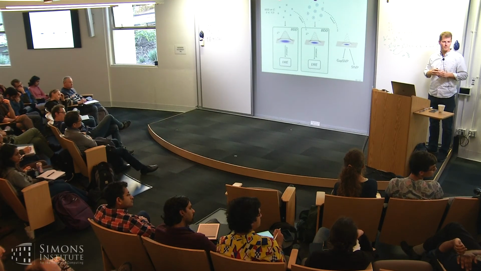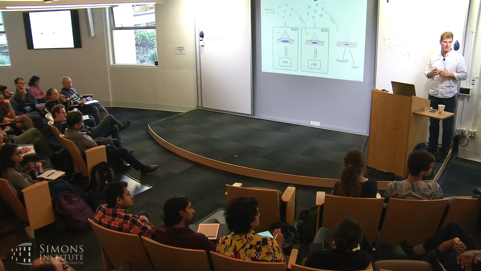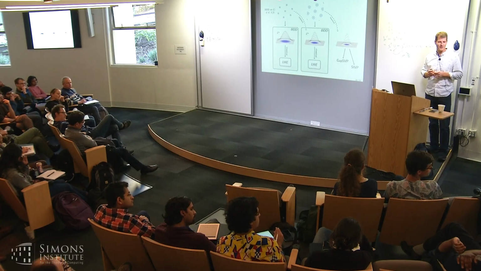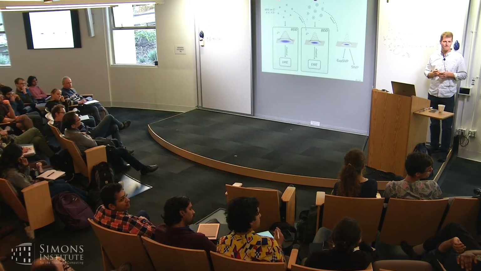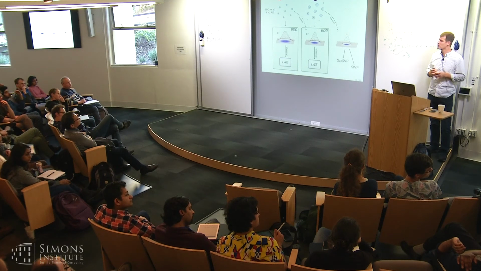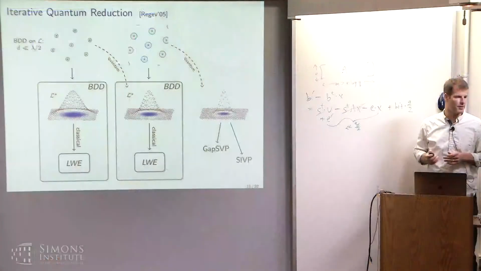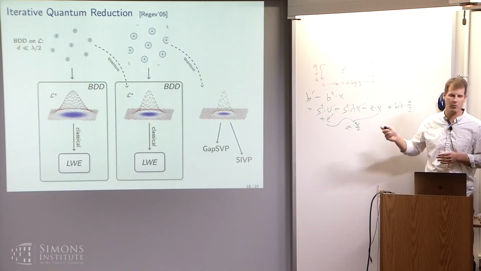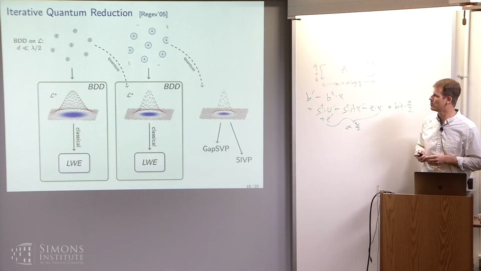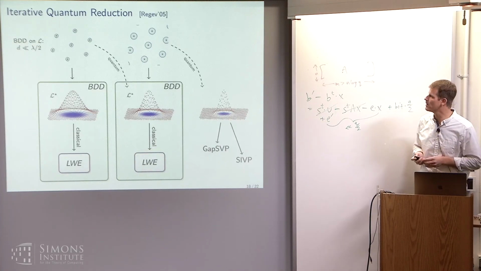Okay, a different way to think: you can generate a random superposition for just a noise vector. You can do that for sure, yes, without BDD. Then you use that to make reducing this peak modulo the lattice. You want to do that quantumly, and for that you need it to be invertible. Maybe to generate this. Yeah, to generate. I'll have more on the next slide, so that will probably help.